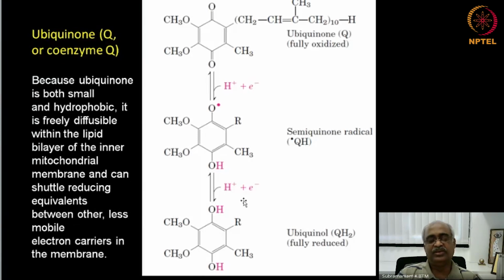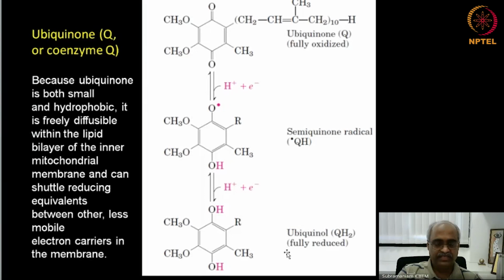If a molecule is going to give 2 electrons at a time, ubiquinone can accept them because it can accept 2 electrons to get fully reduced. If a molecule is going to give up only 1 electron, that is also fine. It will accept 1 to go from ubiquinone to semiquinone or semiquinone to ubiquinol.